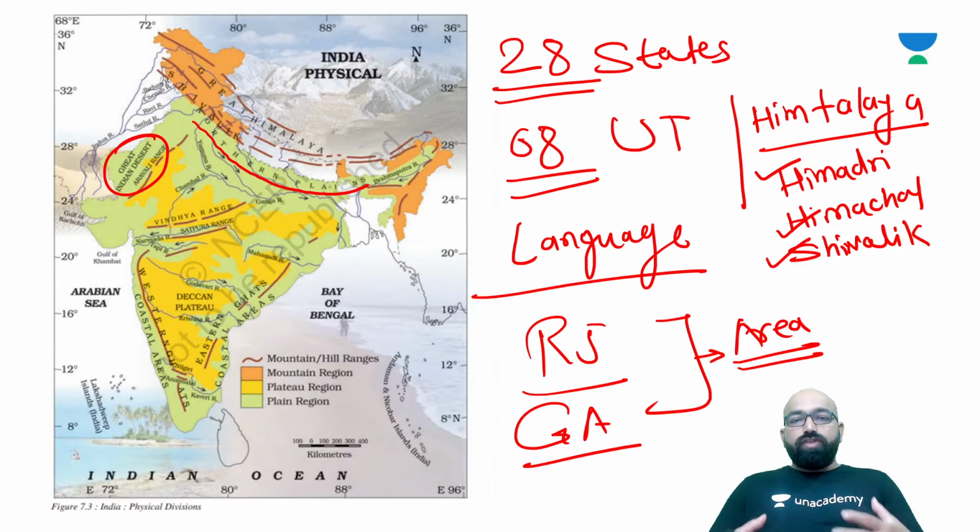South of the northern plains is the region known as the peninsular plateau. It is triangular in shape. The relief is highly uneven, and this is a region with numerous hill ranges and valleys.